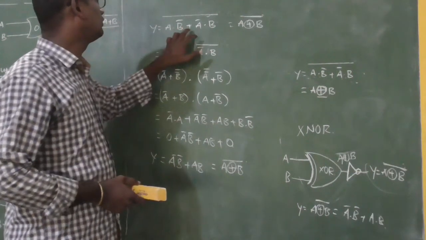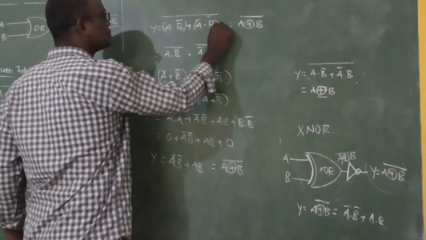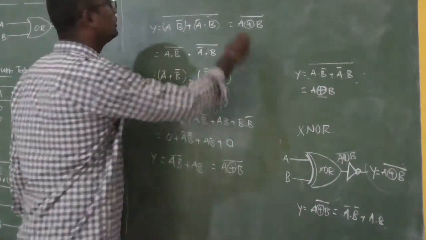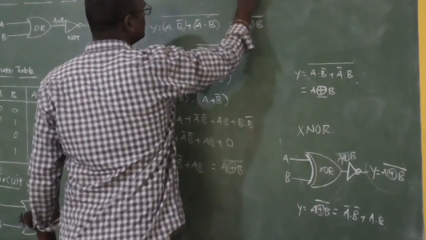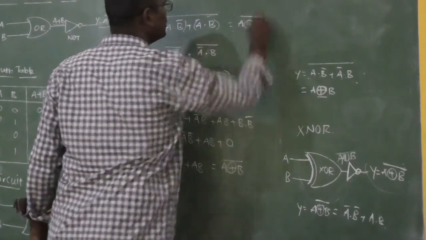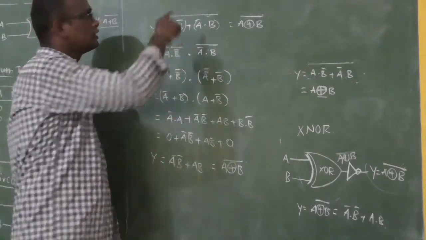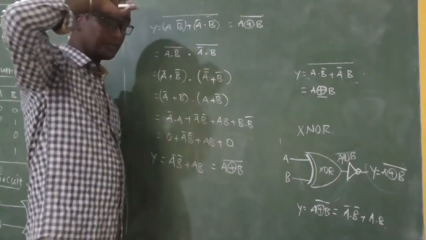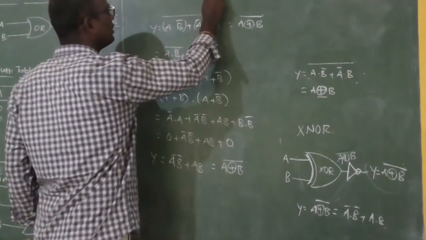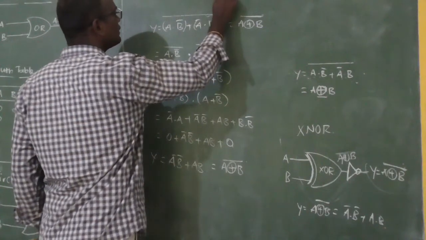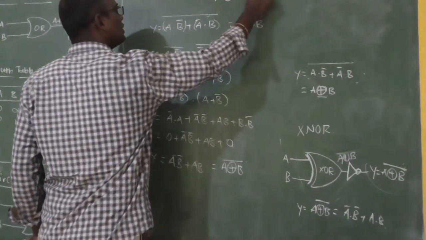First of all, we apply De Morgan's theorem for these two combinations. We know that according to De Morgan's theorem, a dot b whole bar is equal to a bar plus b bar. That is the first theorem of De Morgan's theorems. The second theorem is a plus b whole bar is equal to a bar dot b bar.